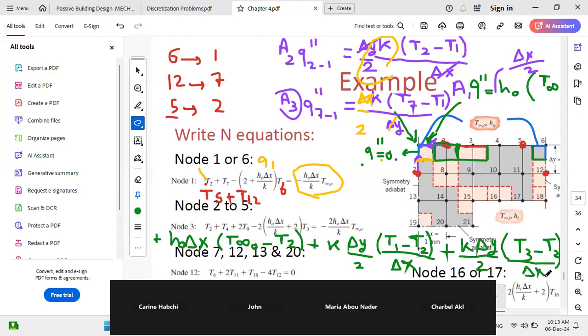And now for the value of the flux coming from cell, sorry, 8.